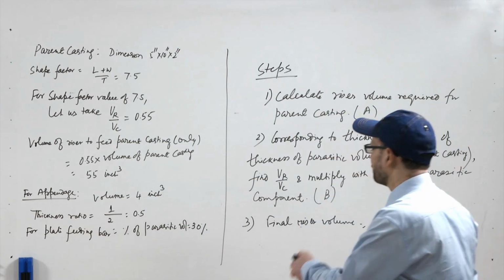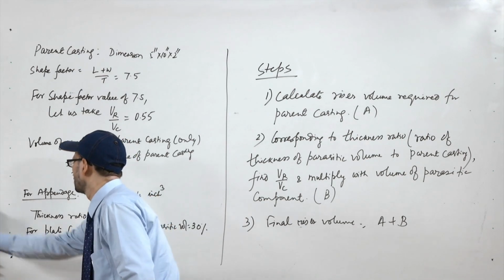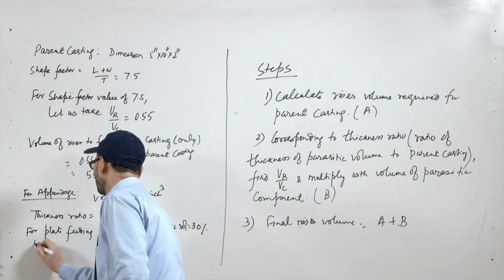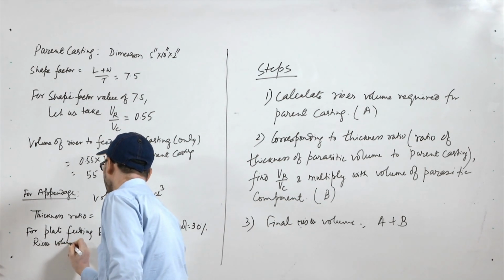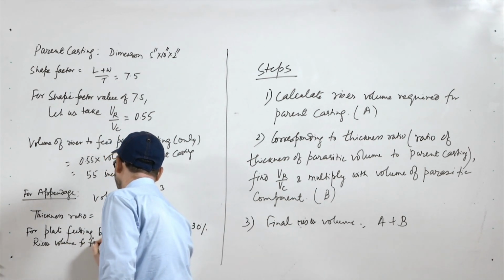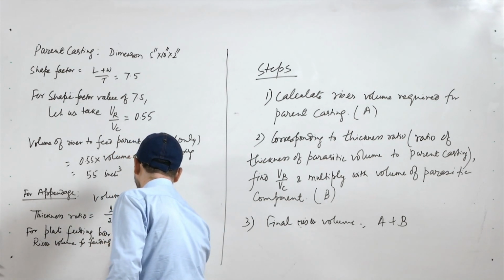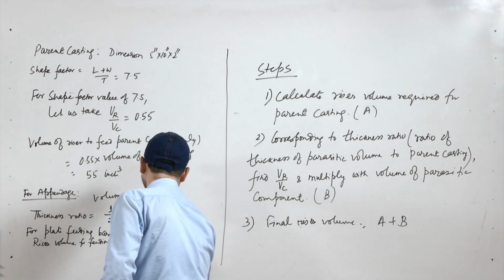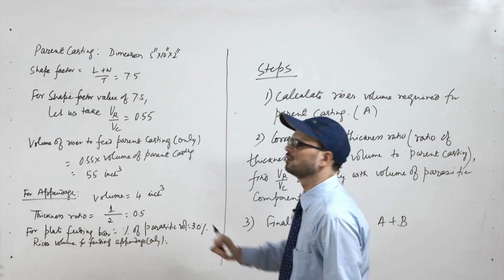So, the riser volume for feeding the appendage only will be basically 30% of its own volume.